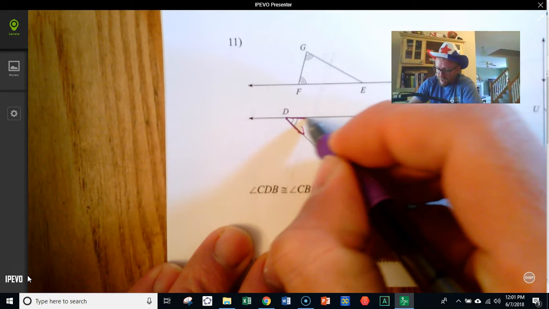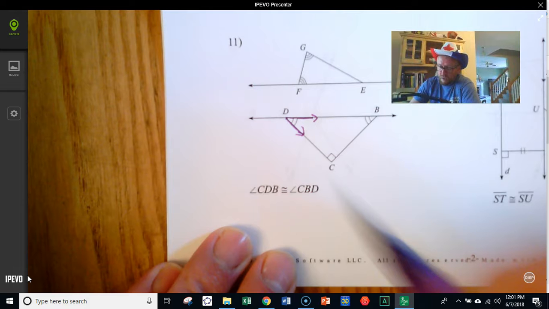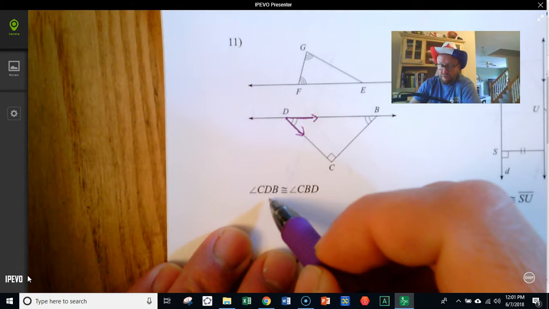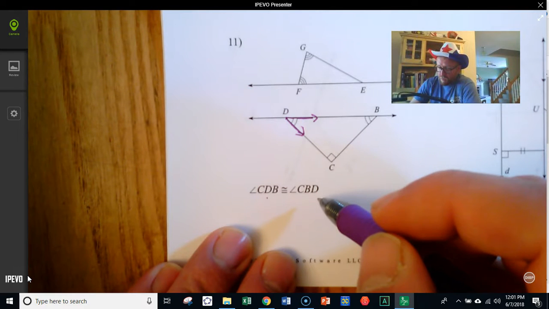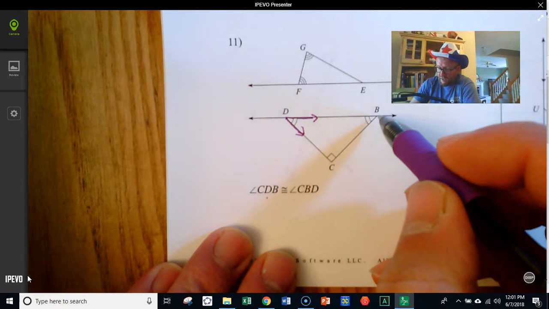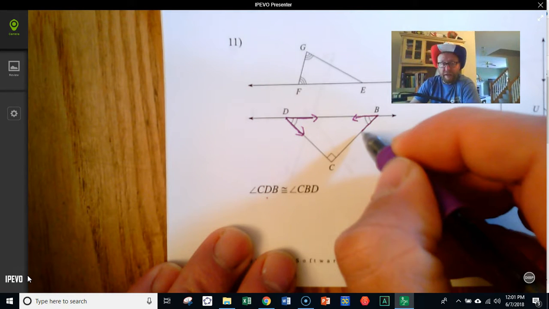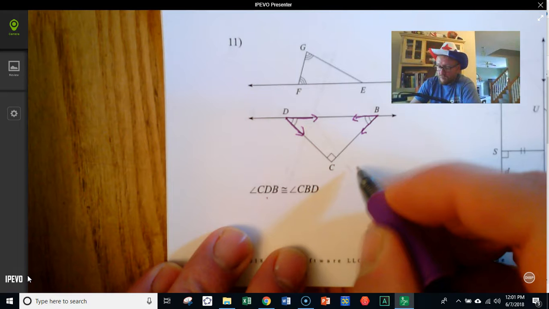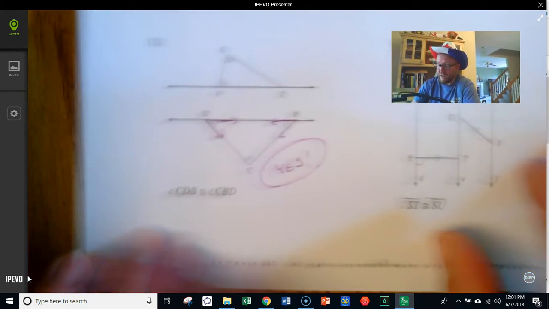Whenever you're naming an angle, the center letter is the vertex of the angle. Is congruent to CBD. Oh, over here. Okay. And again, double tick marks, so yes. The two angles are marked as congruent in the diagram.